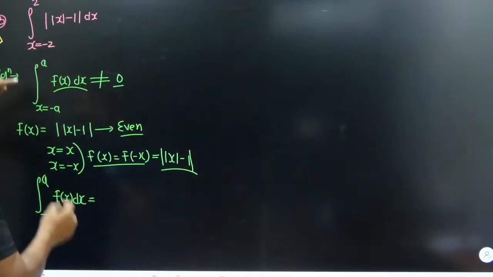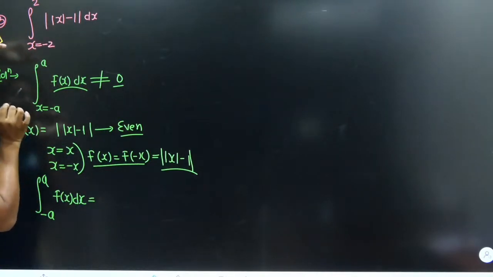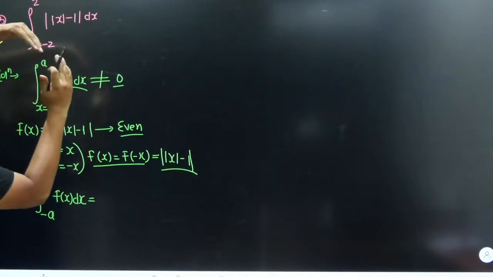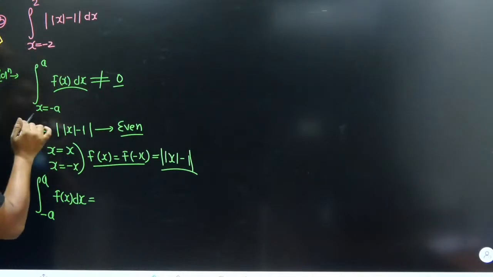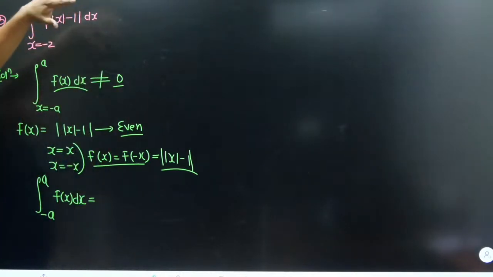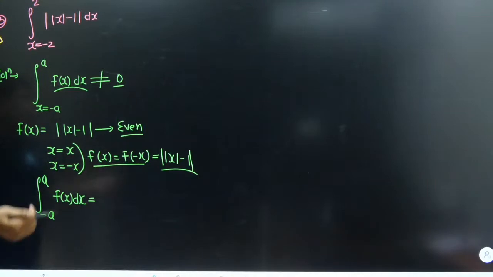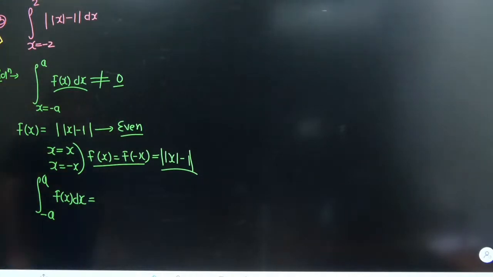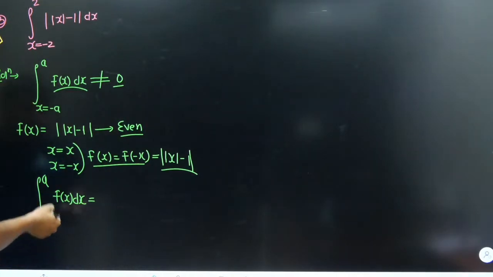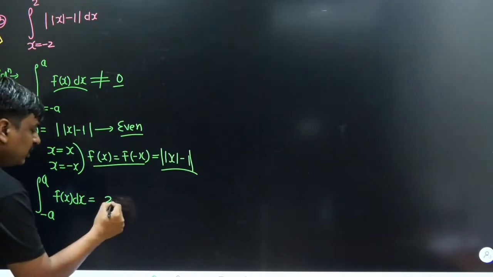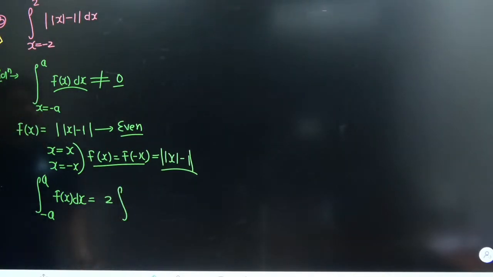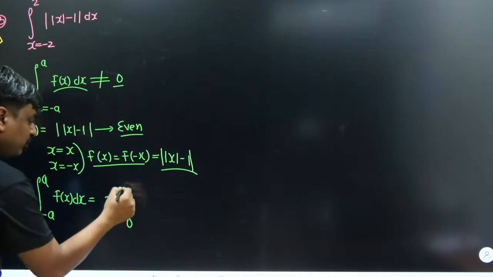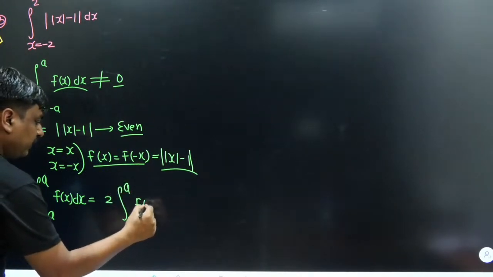The area has to be taken care of in symmetry. I need to go backward taking the length of a, and go forward taking the length of a, so both carry the same area. So rather than doing the analysis from minus a to a, I could have simply calculated this value as 2 times the integration from 0 to a of f of x dx.